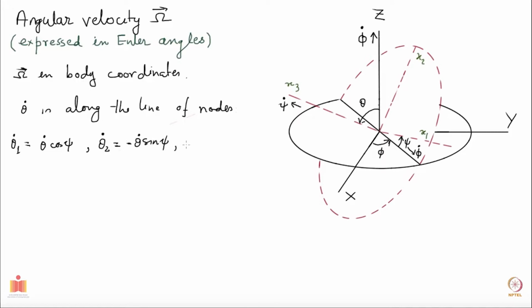And theta 3 dot is how much? See, theta dot is along the line of nodes, which means it is in this plane, and your x3 is perpendicular to that plane. So it's clearly 0.